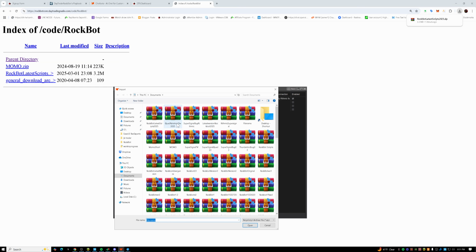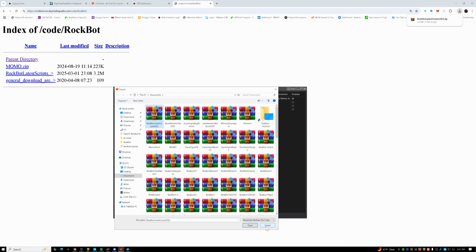Right there, wherever it uploaded, it imported to my document folder. Rockbot latest scripts 2025. Click on that, hit open, and it'll import it into your NinjaTrader.